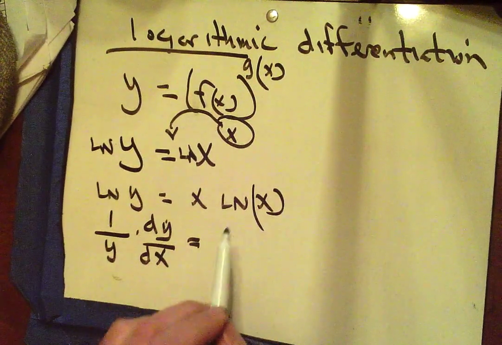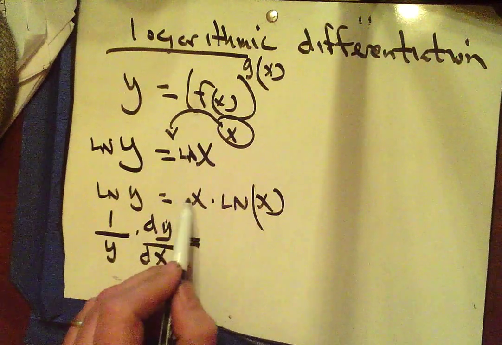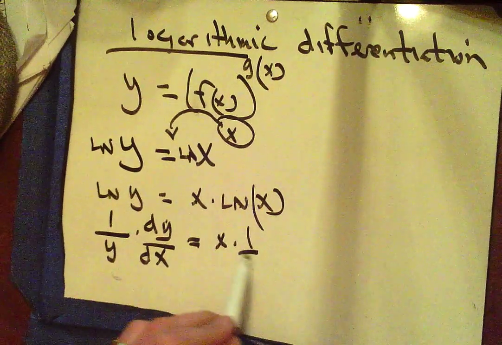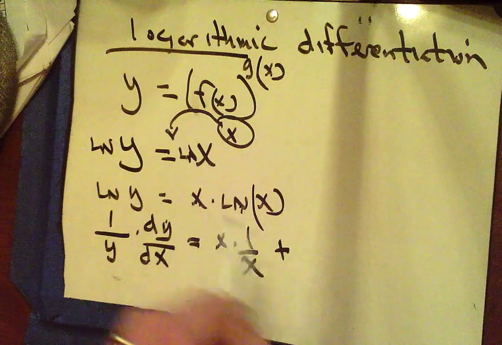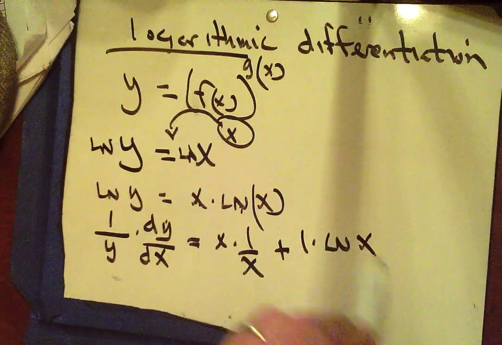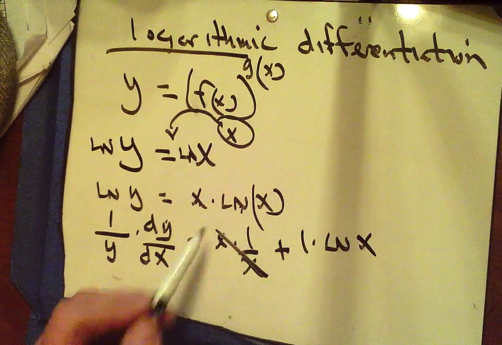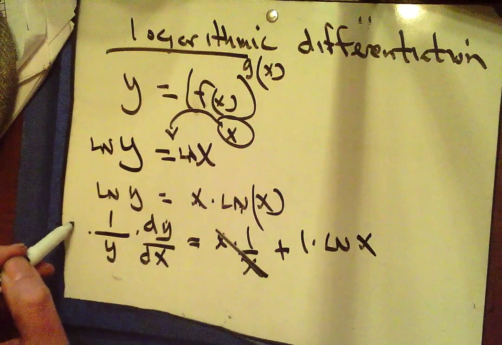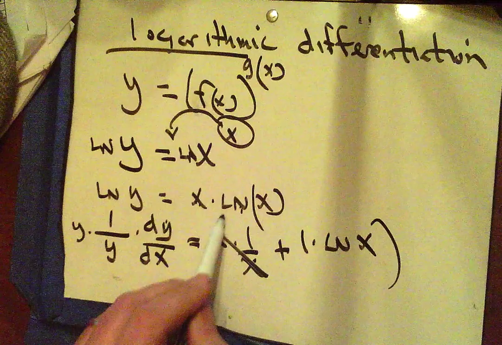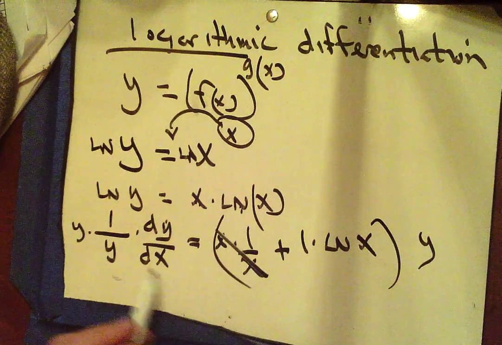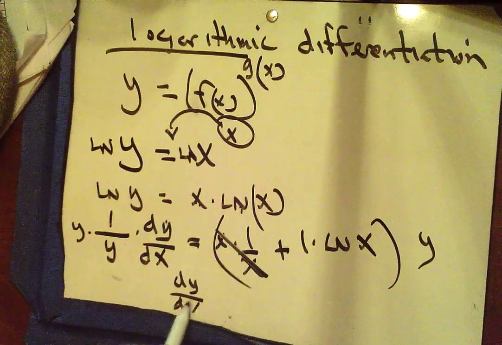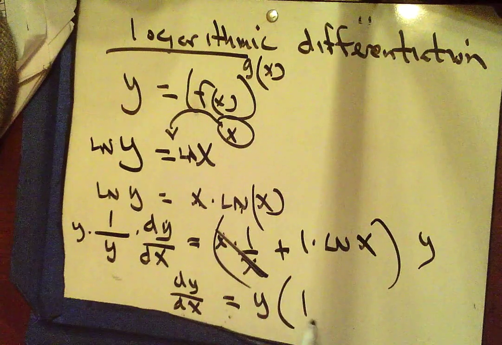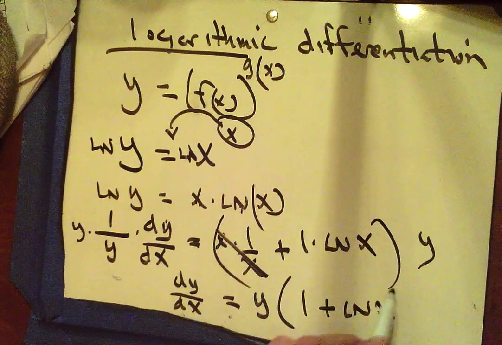And over here, I see a product rule. This times the derivative of that, plus that times the derivative of this. Nice. Ooh, look, those cancel. So, almost done, but not quite. I still have to multiply both sides by y. And so I'm going to get dy dx equals y times 1 plus ln of x.